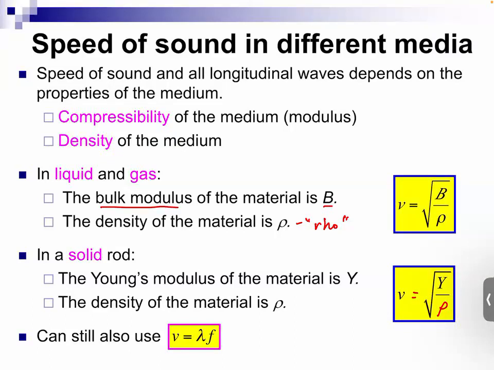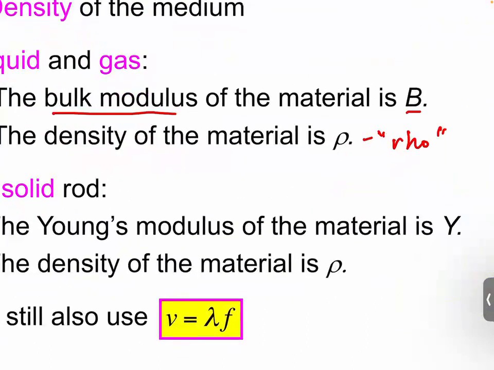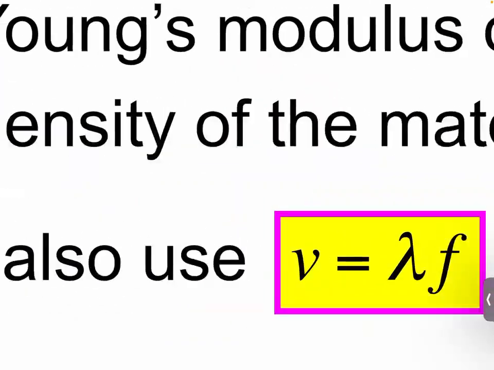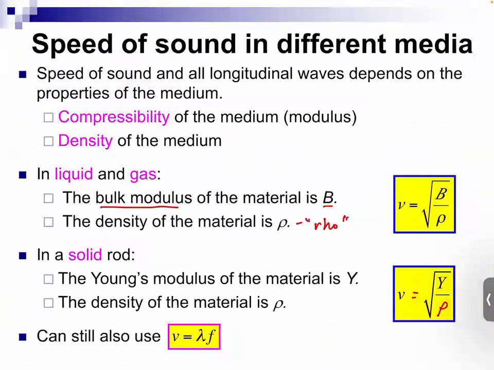So you can still use this equation: speed is equal to wavelength times frequency, which is the general definition for the speed of any wave, regardless of whether it's transverse or longitudinal.